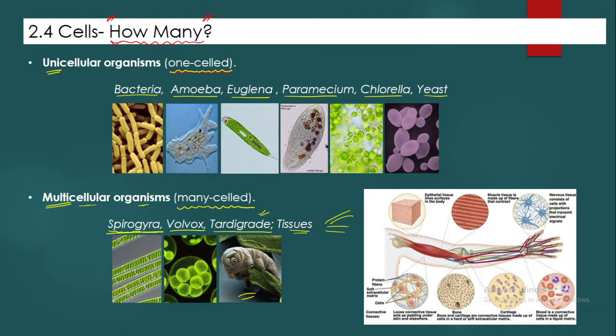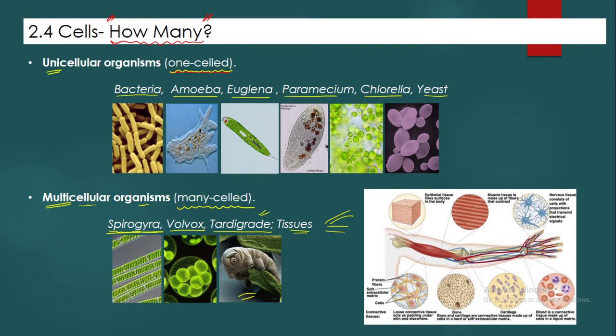And some single cells are easily seen and huge. Chicken egg, for example. The chicken egg is made up of how many cells? Can anyone guess? How many cells are there in a chicken egg?